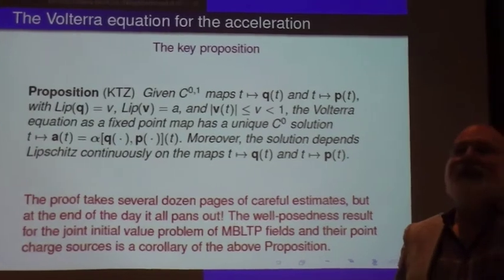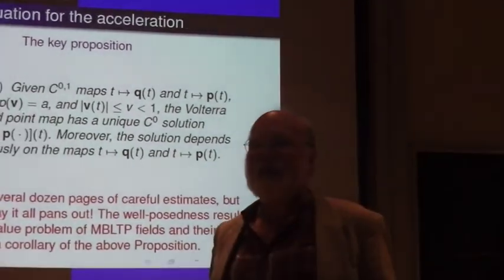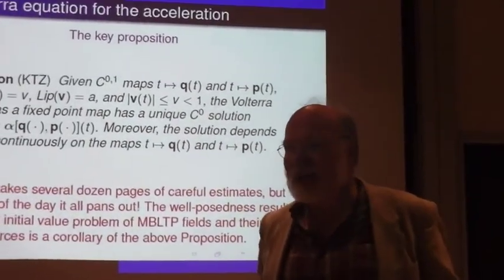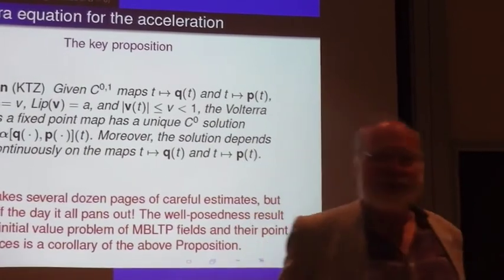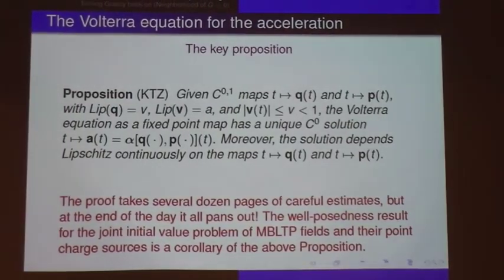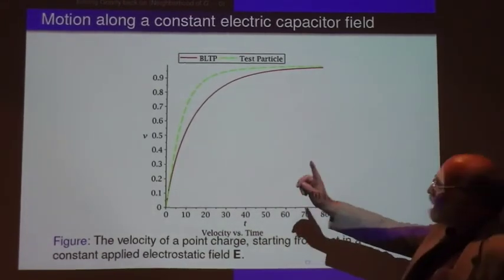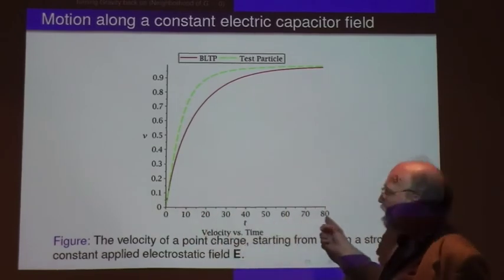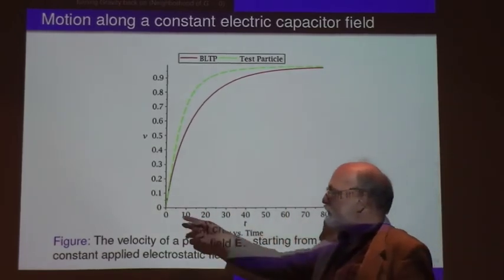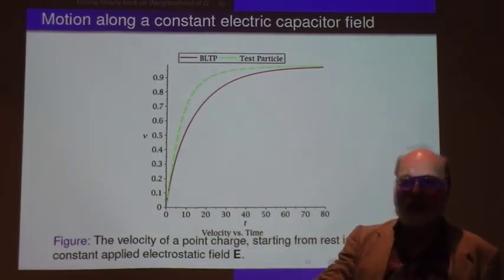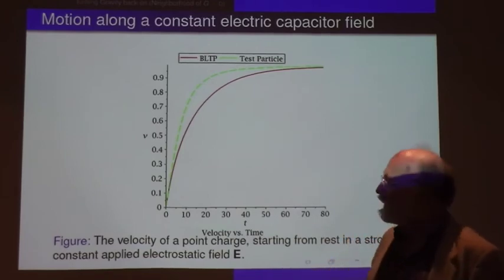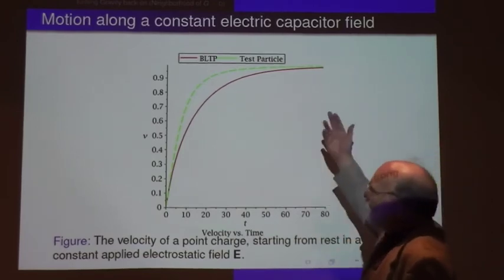So I asked, what happens here? Does this theory fail too? Should not, right? And it doesn't. So here's what Maple tells you. That's the velocity as a function of time, when the particle starts from zero velocity, you release it at time t equals 0 in this constant electric field, and the speed of light is 1, right?